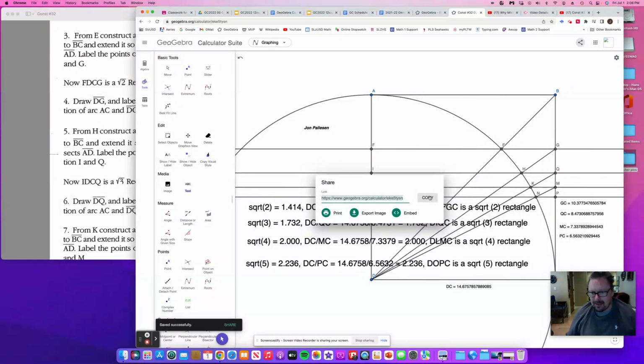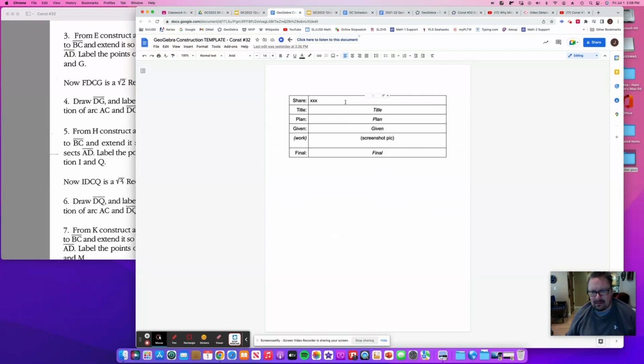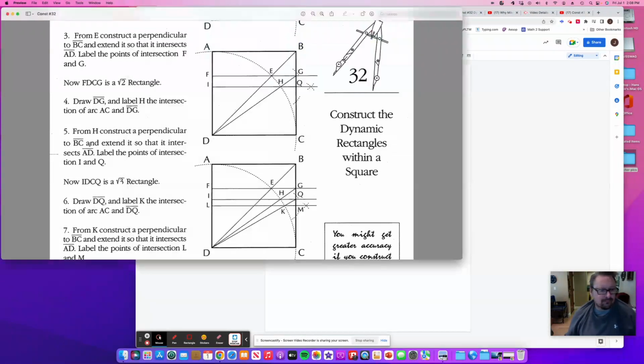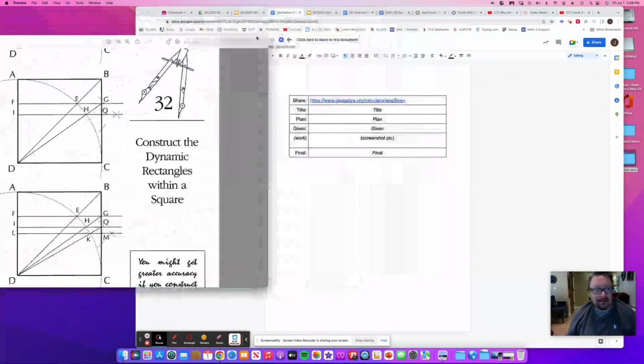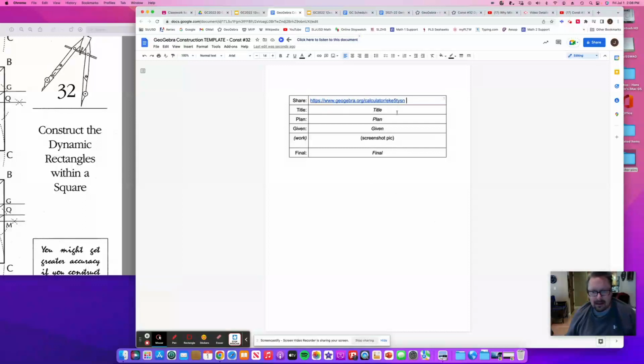And I will copy this, go to my template, replace the X's. And then we'll type our title in, which is construction 32.